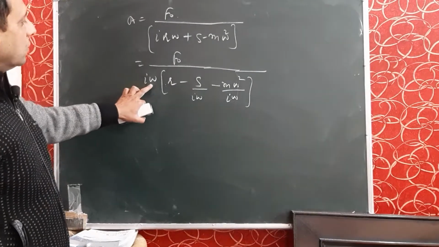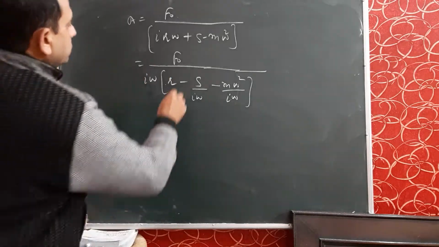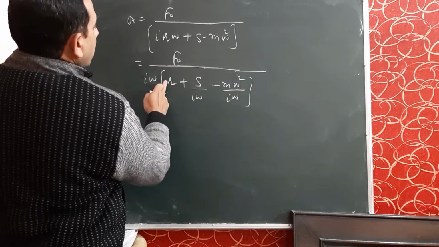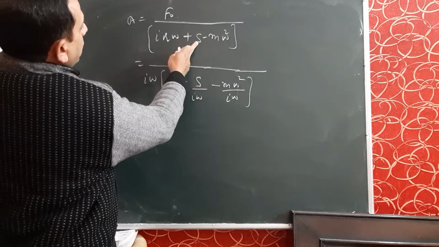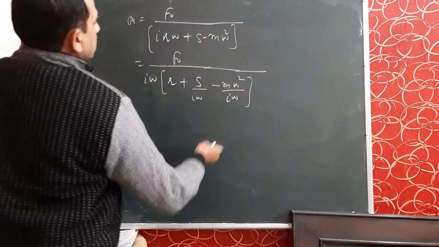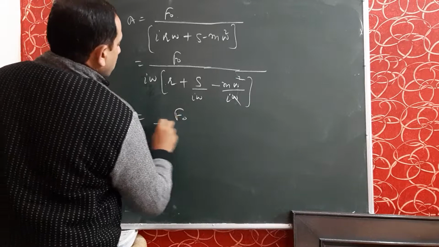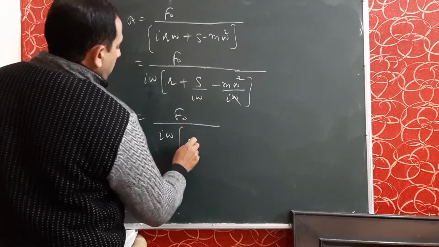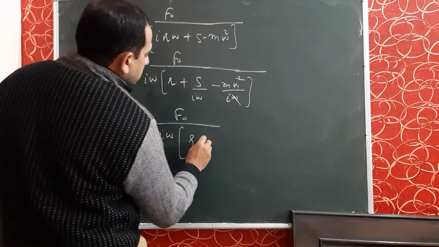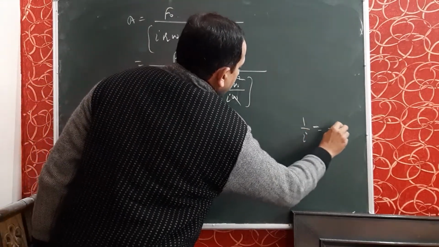Iota r omega upon iota omega is cancelled, so there is no iota and omega in that term. Omega is cancelled in the last term, and we get f naught over iota omega common, and r, s over omega, and 1 over iota is minus iota. You know that 1 upon iota is minus iota.